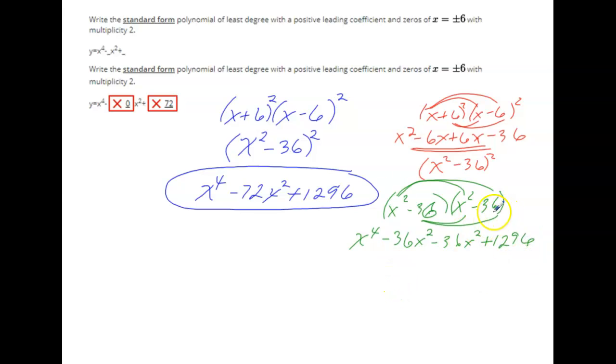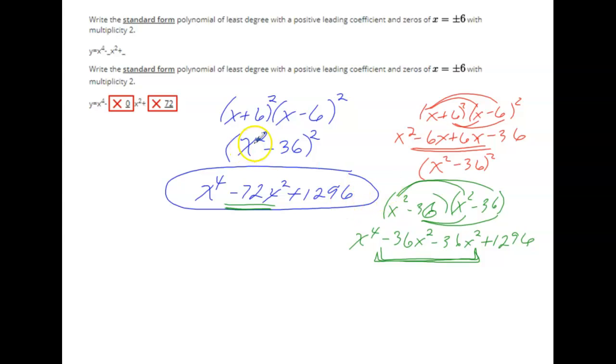So the shortcut that I did for the perfect square trinomial is you square the first term, so x squared is x to the fourth. You square the last term, that's your 1296. And then to get this middle term, this negative 72x squared, notice that the middle terms, the outer and inner in FOIL, repeat.